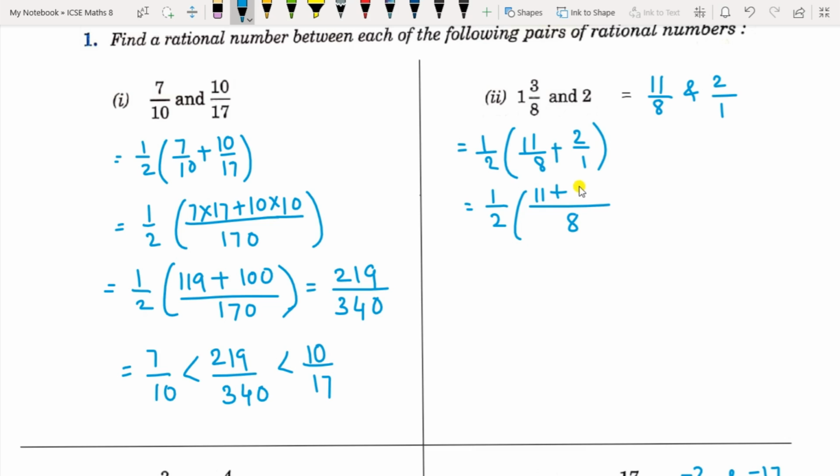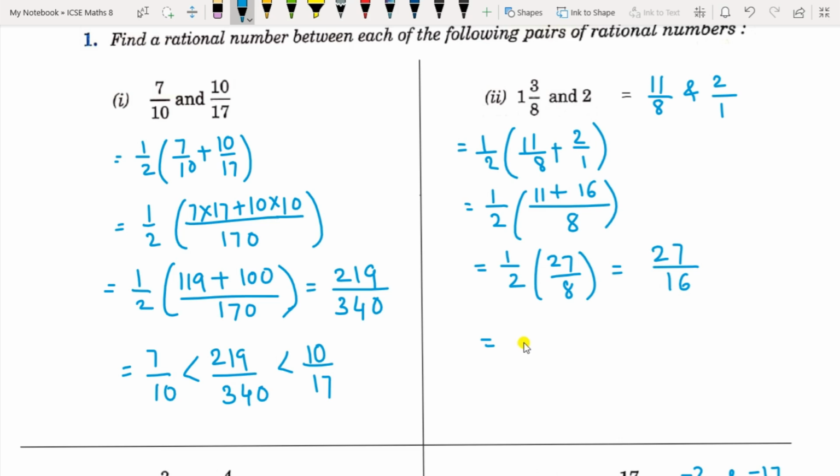So it will be 16 here. So you will get 1 upon 2 times 27 upon 8, and that will give you 27 upon 16.